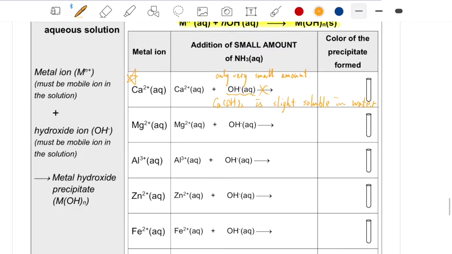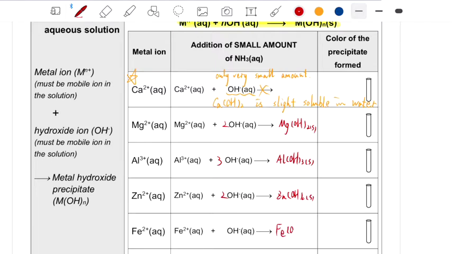And then for the next of them, it will be the same as the previous one. So it will form magnesium hydroxide as a precipitate. And then we got aluminium hydroxide as a precipitate. We got zinc hydroxide as a precipitate.